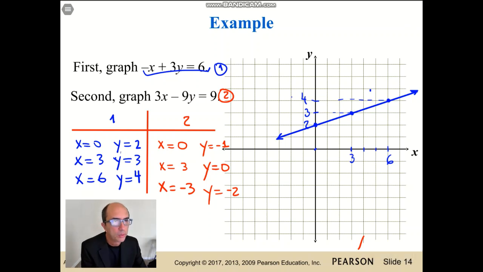And now the next equation, equation number 2, is going to be red. If x equals 0, y equals negative 1. So x equals 0, y negative 1, here. X equals 3, y equals 0.